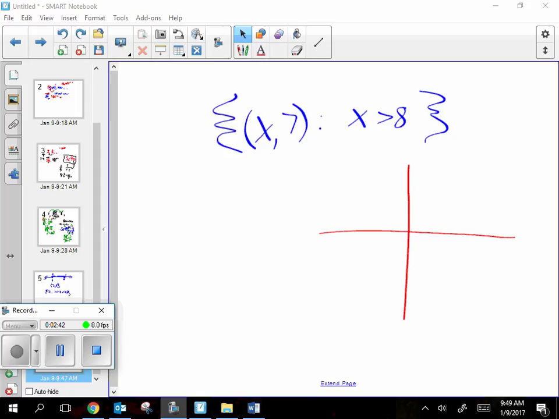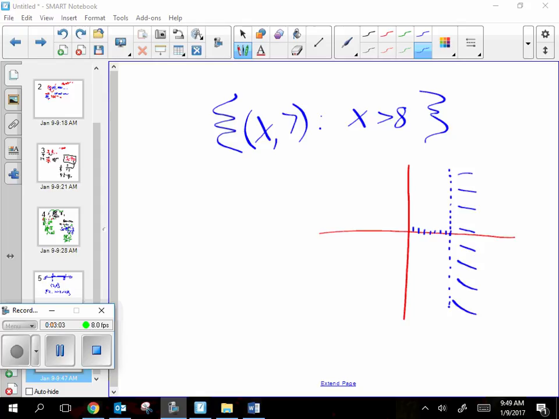Okay, so here's how this one would work. You got to first of all find where X is bigger than 8. Would you agree that X being 8 is like right here? And notice I said bigger than 8. I didn't say it could be 8, so there needs to be a dotted line there. And then it's things that are bigger than that, so I'm shading this way.